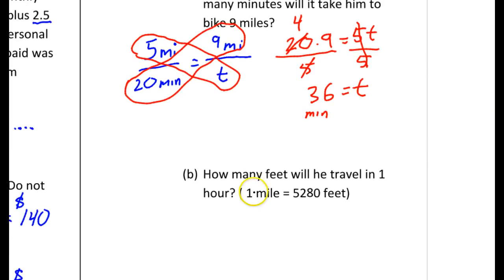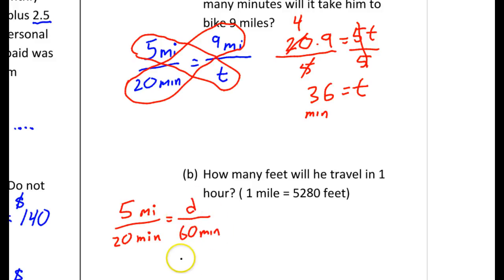Alright, just like before, how many feet can we travel in 1 hour? Okay. So let's take our initial rate here, 5 miles in 20 minutes. How far can we go, distance, in 60 minutes? That's an hour. And let's solve this.